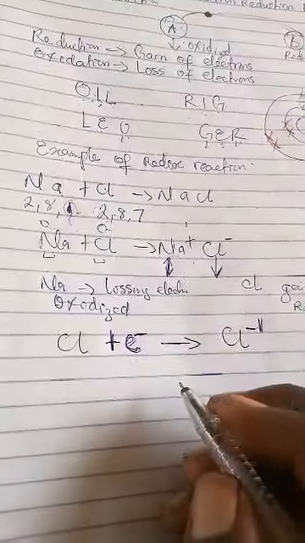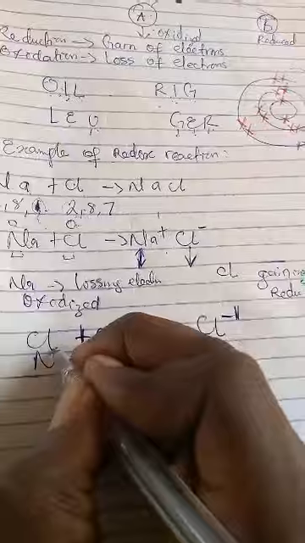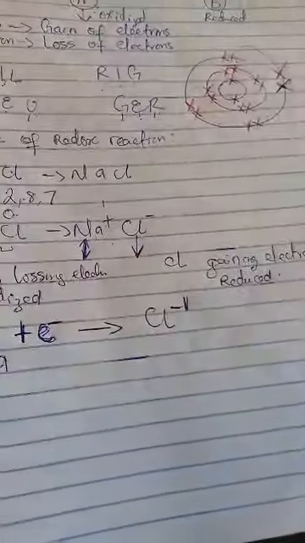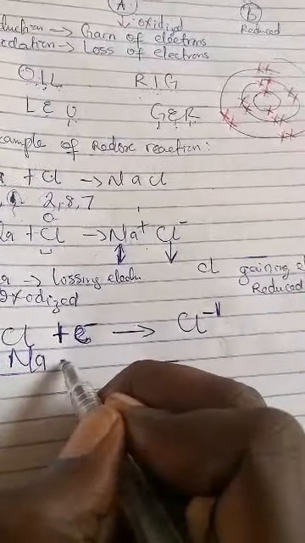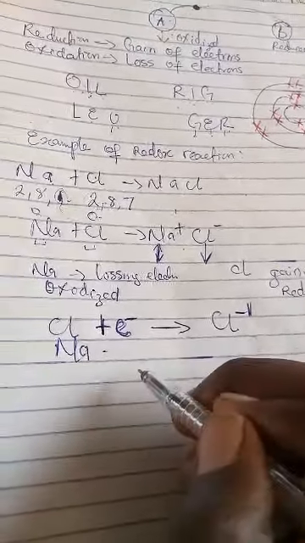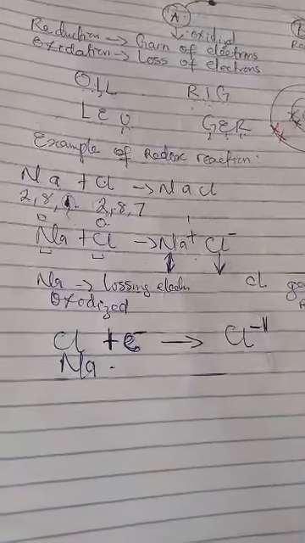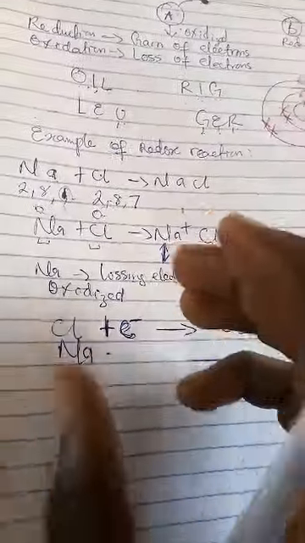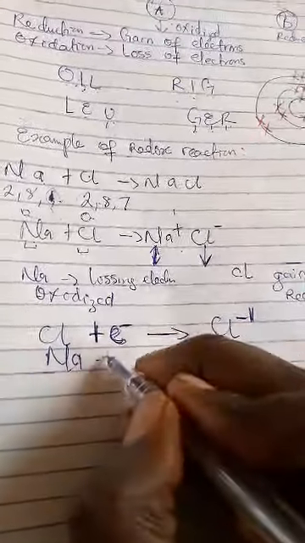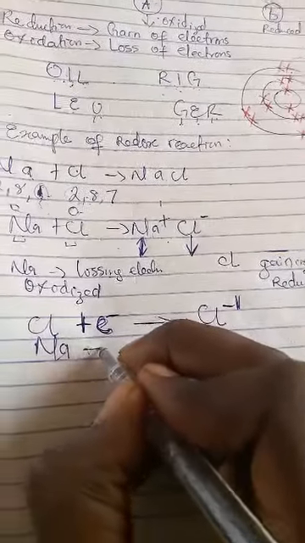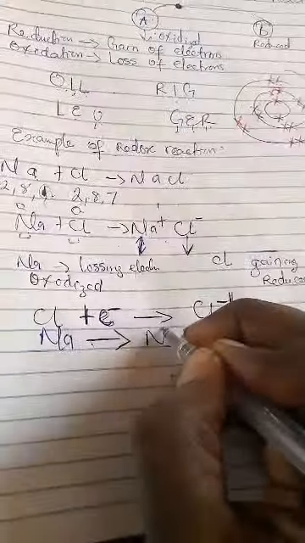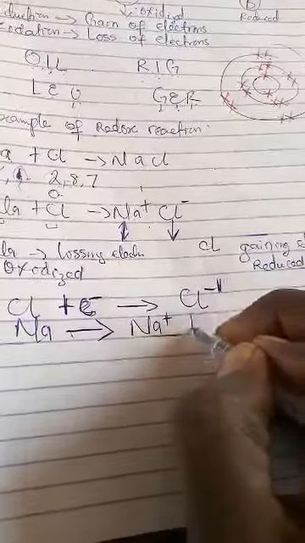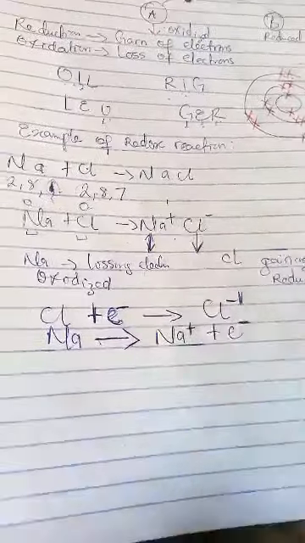That is also applicable to sodium. Sodium needs to lose one electron. But we cannot write it that way, that sodium is losing one electron. It cannot be written that way in chemistry. So instead of writing minus e minus here, we say sodium will give us Na plus e minus.